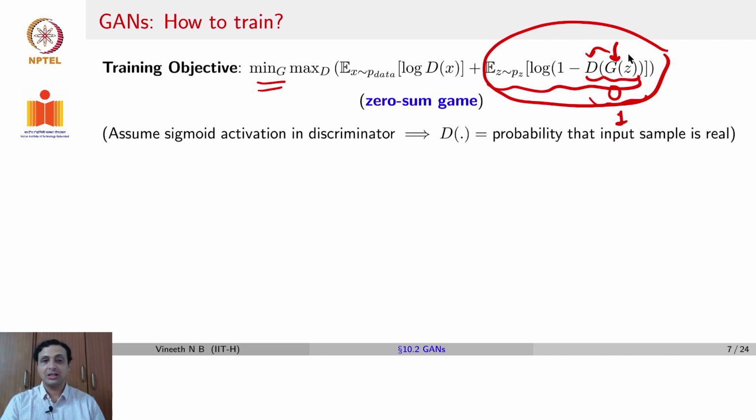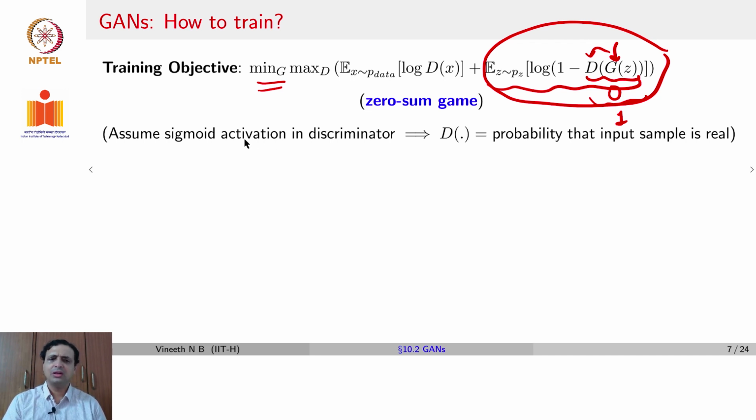So while the discriminator wants to maximize terms in the objective, the generator wants to minimize corresponding terms in the objective. So such a min-max problem is also known as a zero-sum game. This has origins in game theory, which we will not get into now.